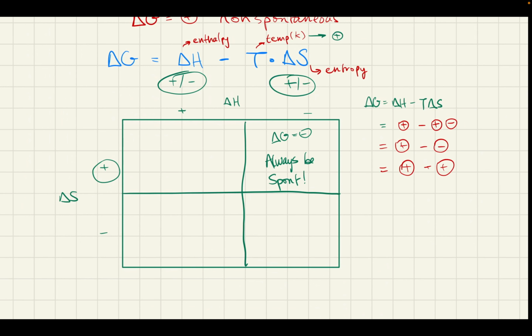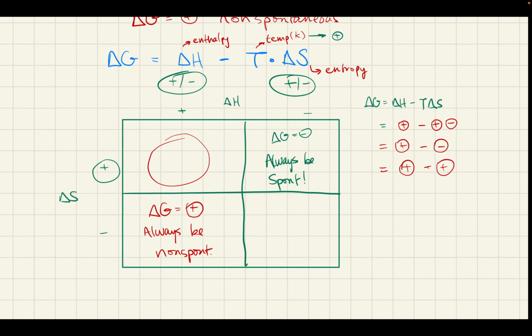In other words, if we're in this bottom right quadrant or situation, delta G will be positive no matter what, which means it will always be non-spontaneous. Another way of saying that is it will never be spontaneous, but we usually keep it as that always phrase.